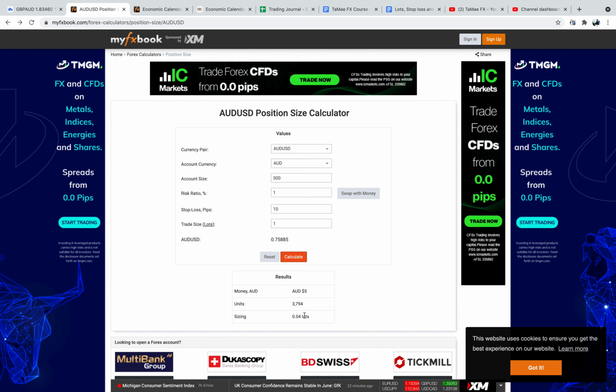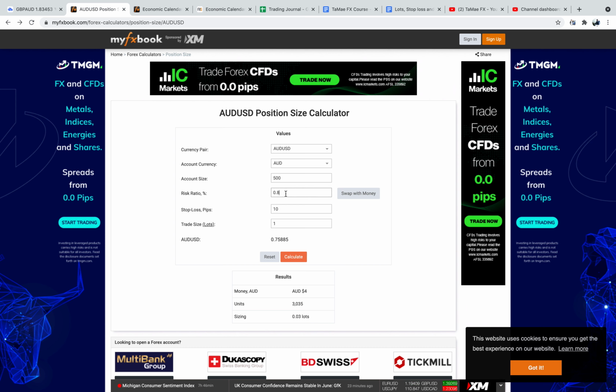So if you want to have 0.01 here, to know the percentage that you're risking, you reduce your risk from 1 to 0.9. Click calculate. It tells you now you are using 0.03 lots. Going down again, 0.8% risk, you click calculate, it's still 0.03.